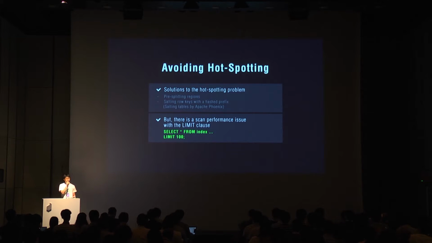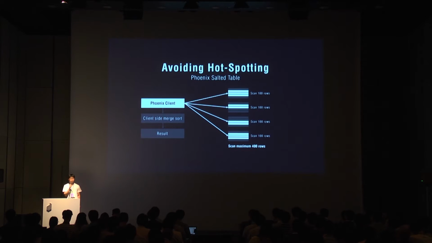At first, we chose to use a salting table, but then we met another performance issue. Gravty frequently executes select top N queries with a limit clause. However, it turned out that the scan performance would drop if this query is run on a salting table. When the salting table feature is enabled, a Phoenix client creates a query plan for parallel query execution.